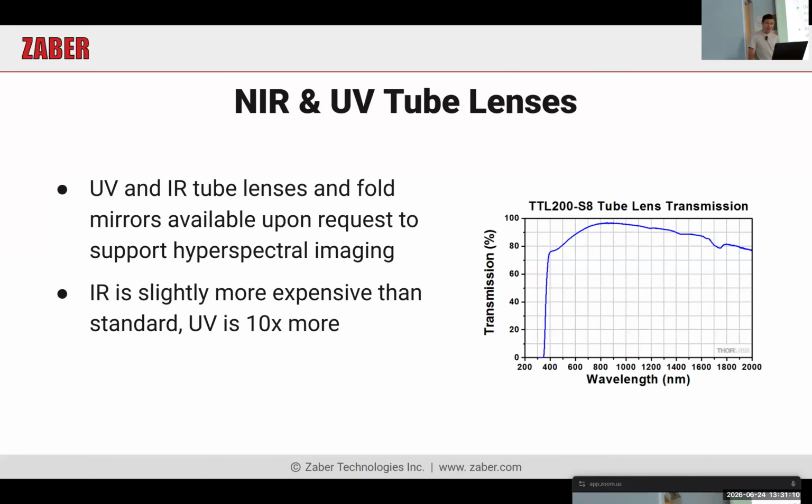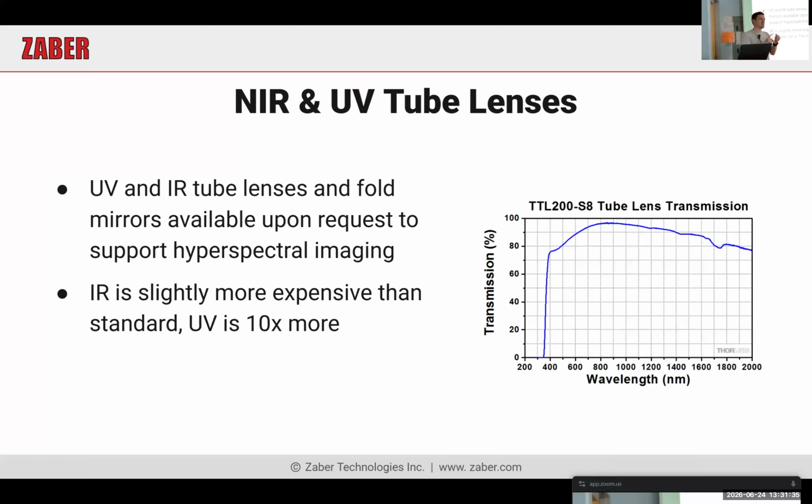We can get creative with wavelengths, so we can do NIR or UV. NIR is basically the same price as visible spectrum. UV is about 10 times visible spectrum, and that's just the way it is.